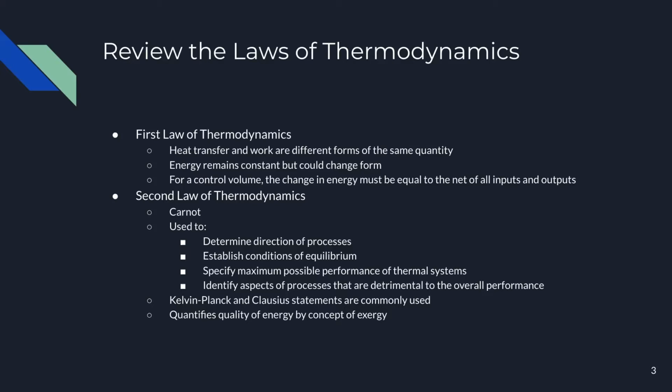It'll be used to determine the direction of the process, establish conditions of equilibrium, specify maximum possible performance of the thermal system, and identify aspects that will be detrimental to the overall process. Common statements used to describe the second law are the Kelvin-Planck and Clausius statements. And an additional feature of the second law is it quantifies the quality of energy through the concept of exergy.